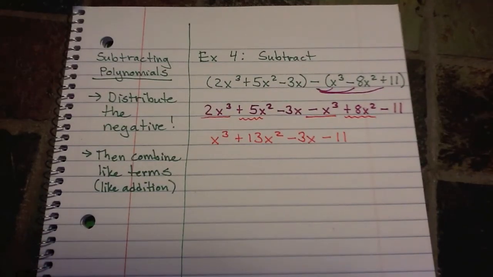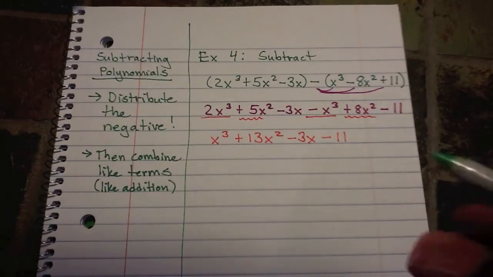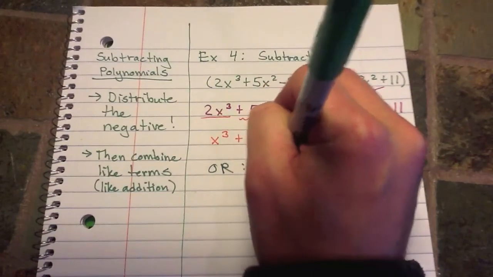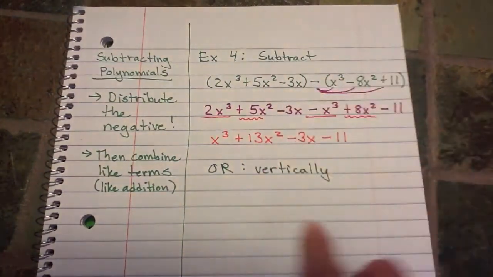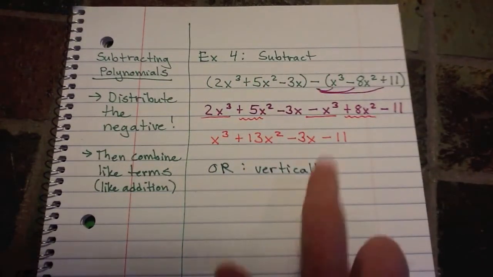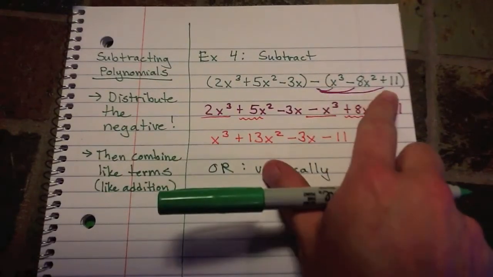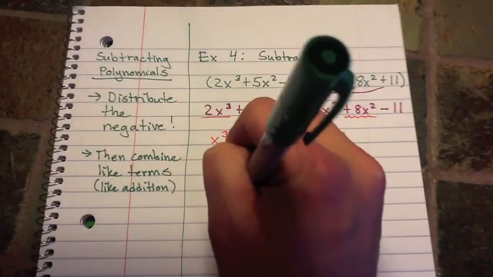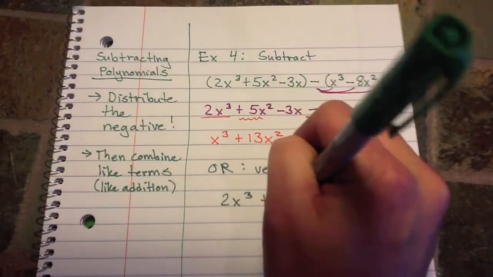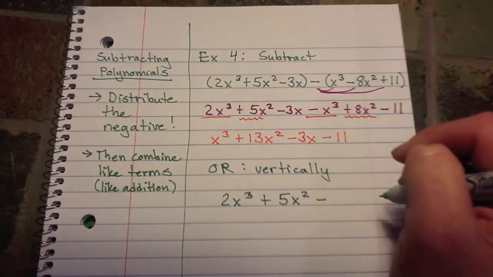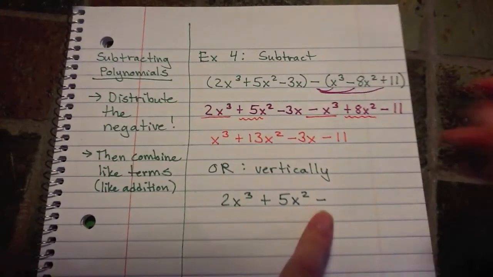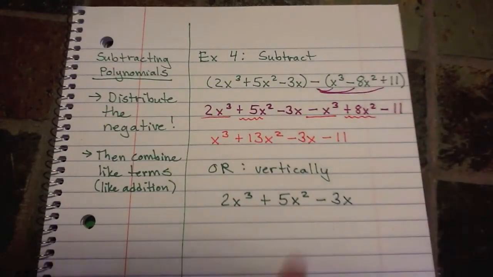The other way to do this would be to line it up exactly like we did the addition as you distribute that negative when you rewrite it. So we have 2x cubed plus 5x squared subtracting, and now what I notice here though is I can keep 3x, but watch what's going to happen when we write our next set of terms.